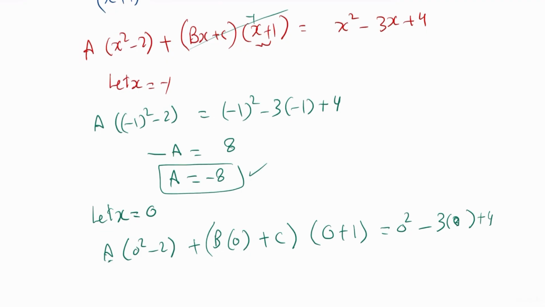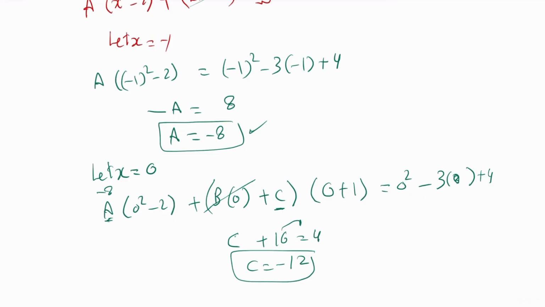After you let x equal to 0 in this equation, B multiplied by 0 is going to be 0, so we have only the value of C. And here we also have the value of A, but don't forget the value of A is negative 8, so we substitute negative 8 here as well. After you simplify this equation, you come up with C plus 16 equal to 4. This means C equals negative 12.